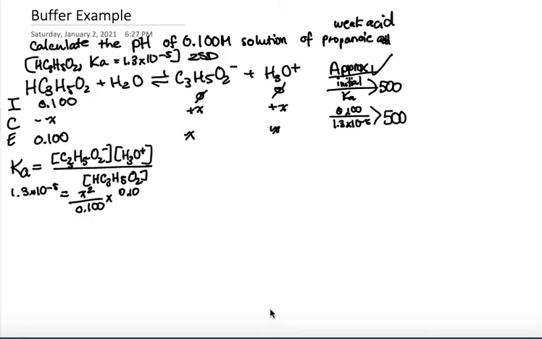So we now have 0.100 times 1.3 times 10 to the negative 5, I'm just going to put a bracket here, is equal to x squared. In order to further isolate for x, we want to get rid of the squared function, so we're going to square root both sides. As such, when we solve this question, we get x.